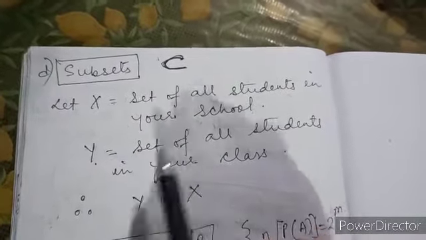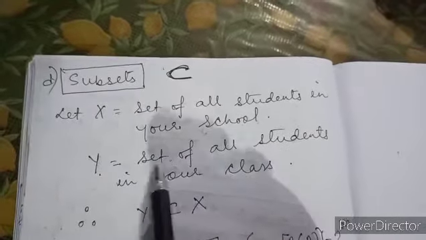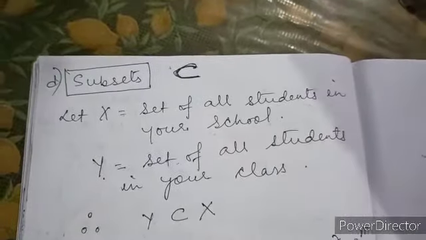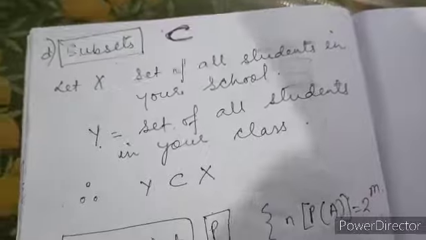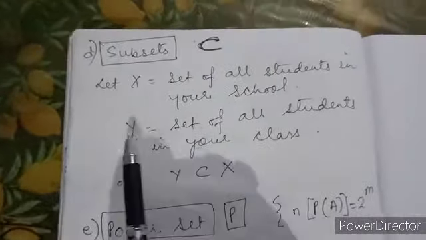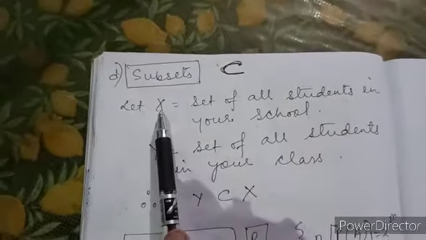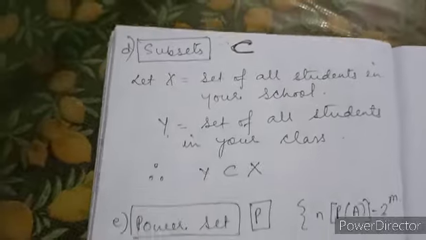So the students that are part of Y are also part of what? X. That means I can say that set Y is a subset of X. That means Y is a part of X. So that's why we write here Y is a subset of X.